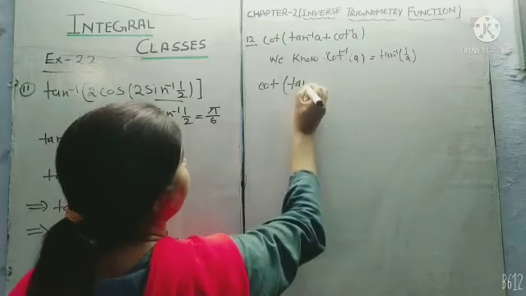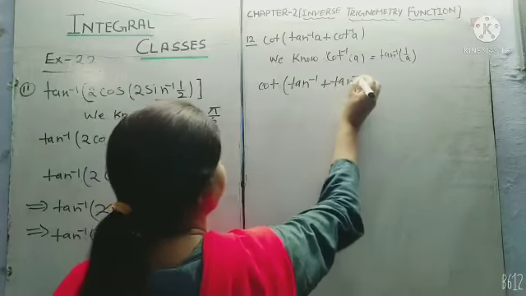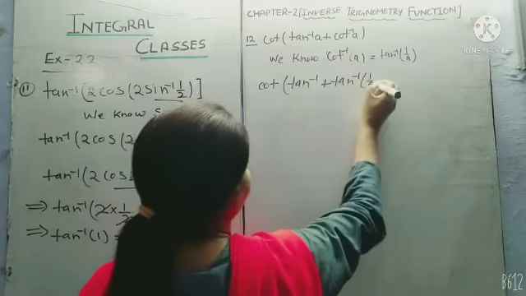So we will write cot inverse A equals tan inverse 1 upon A. Means we will use this property and change cot inverse A into tan inverse 1 upon A. Now we have to write cot of tan inverse A plus tan inverse 1 upon A.